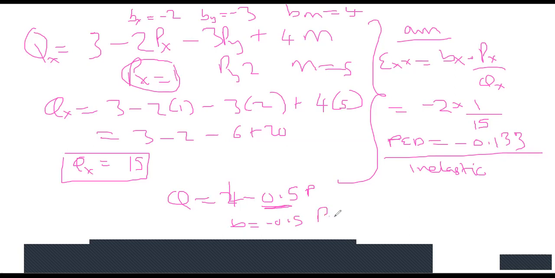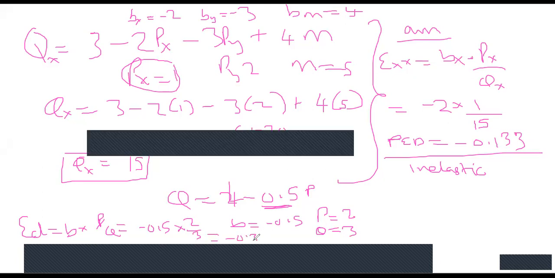If you're given a price of maybe 2, you put price 2 there, half of 2 is 1, so our quantity will be 3. So elasticity of demand is B times price over quantity. Our slope is negative 0.5, the price is 2, and the quantity is 3. When you divide that, we get negative 0.33. So you say demand is inelastic. That's the principle we're using here.